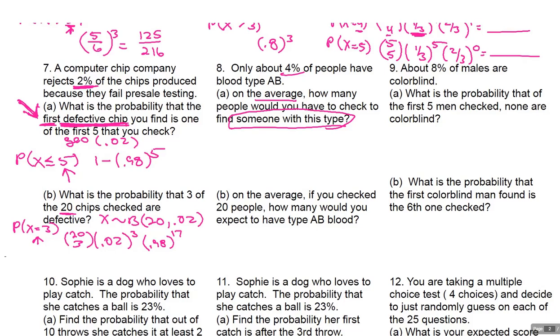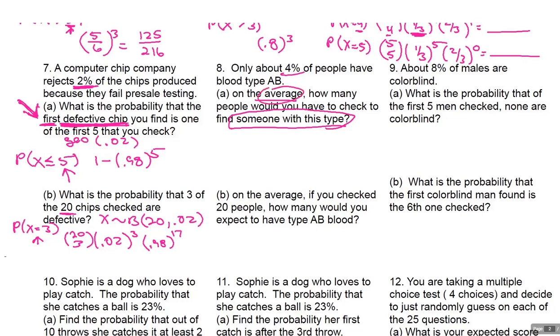No. The next person. Are you this type? And then they say yes. That's the probability. They want me to find how long it's going to take me to find the first person to say yes to that question. So is that a binomial or a geometric? It would be a geometric, right? Because there could be an indefinite number.